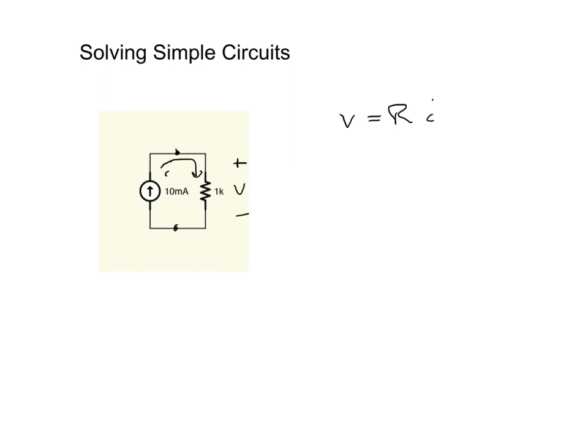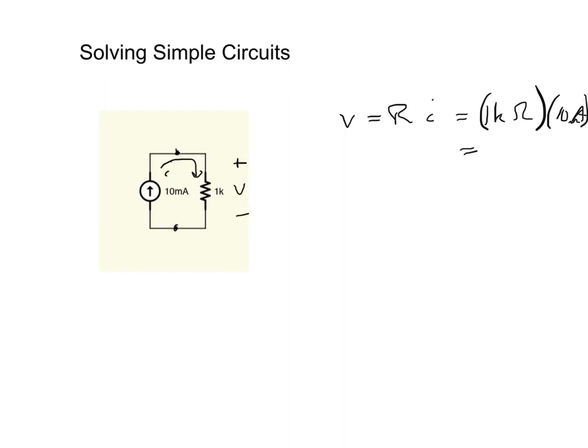I know that the voltage is the resistance times the current. In this case, I know the current is 10 milliamps, and I know the resistance is 1 kilo ohm, so I just plug those things in, and I have 1k ohm times 10 milliamps.